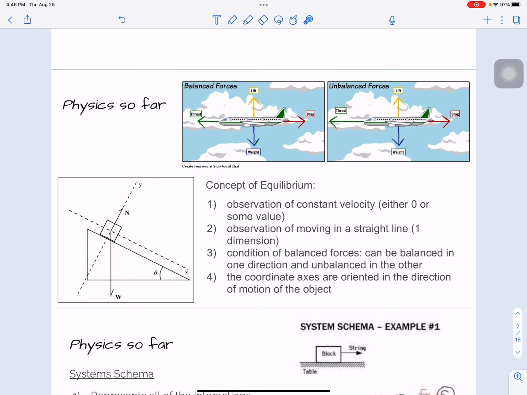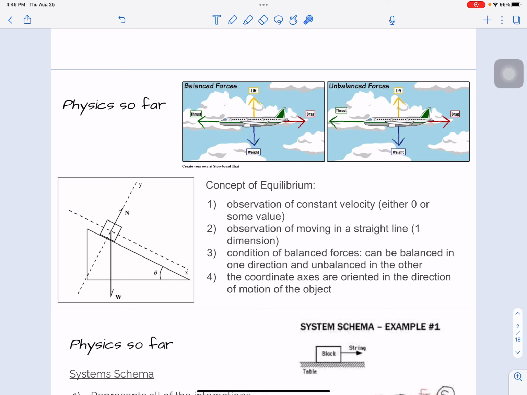But I also notice that the drag arrow is the same length as the thrust arrow. Thrust is what makes it go forward, drag is what slows it down. These are the same length, so these are also balanced. So I can look at these conditions and say that the plane is moving with constant velocity in both directions. In the vertical direction, the constant is actually equal to 0, and in the horizontal direction, it's equal to some value.